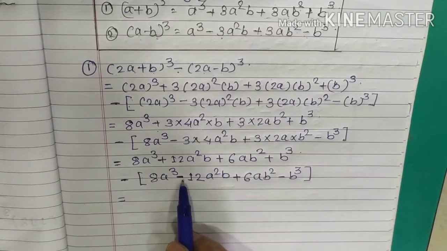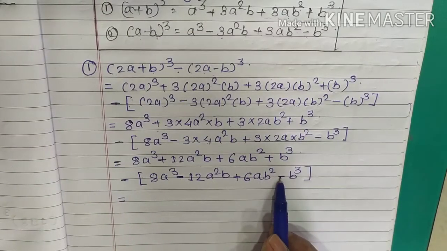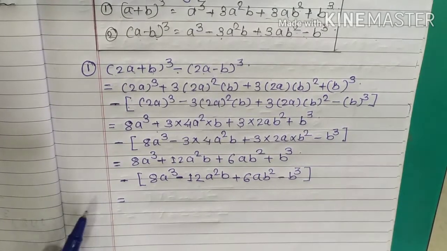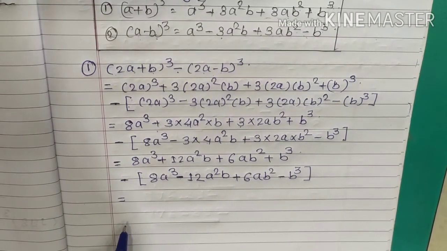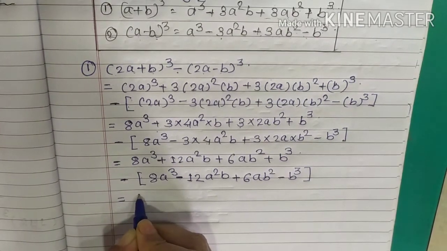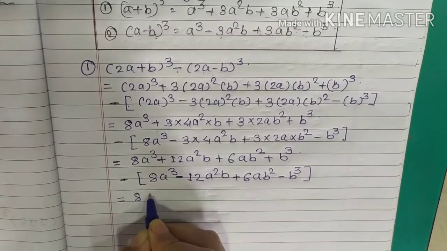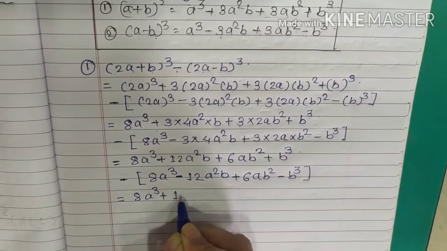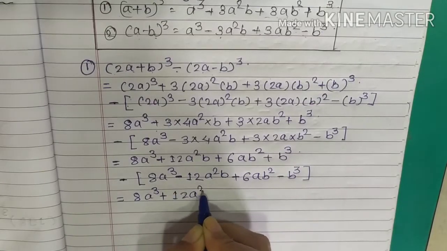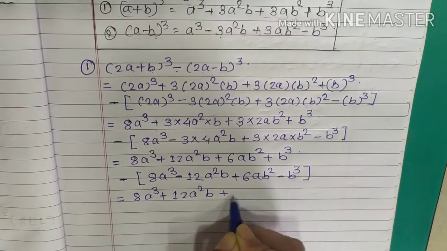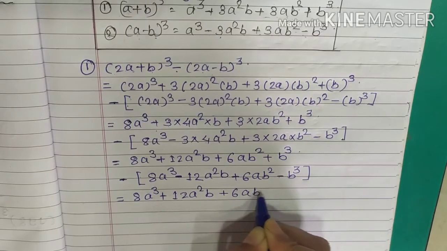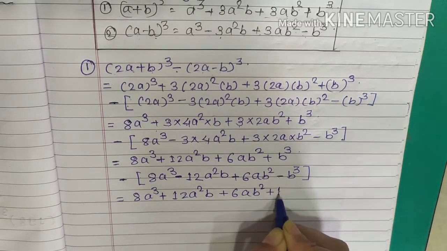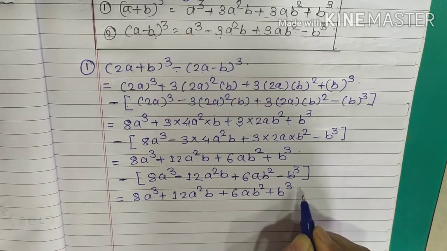Hence, we change all the signs of these terms when they are out of the bracket. Hence, 8a cube plus 12a square b plus 6ab square plus b cube.